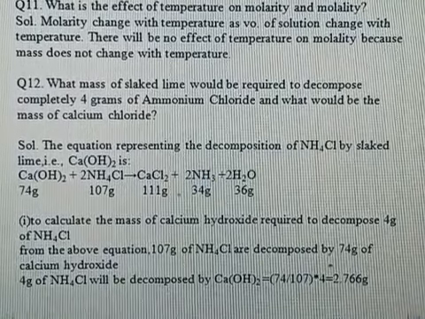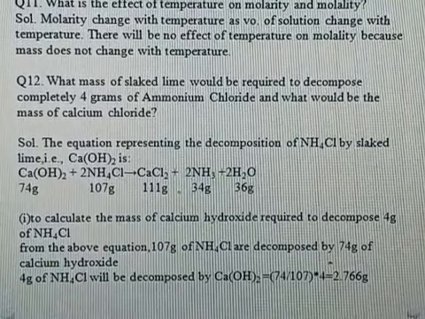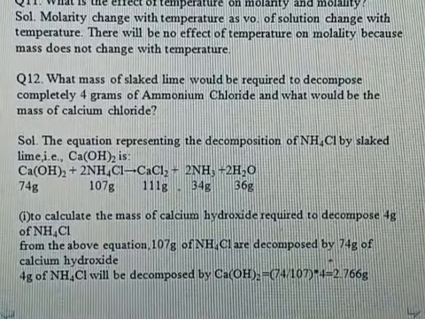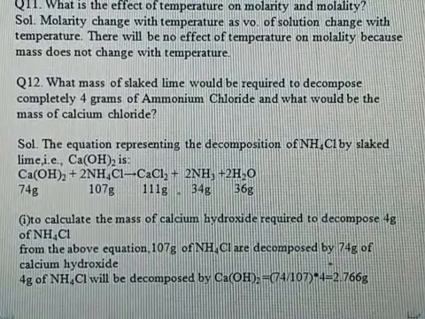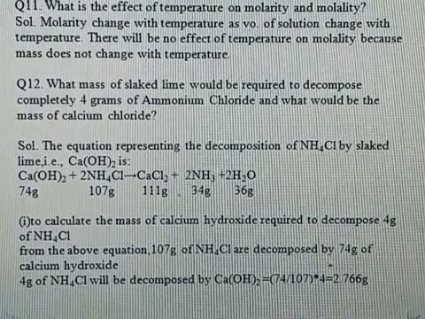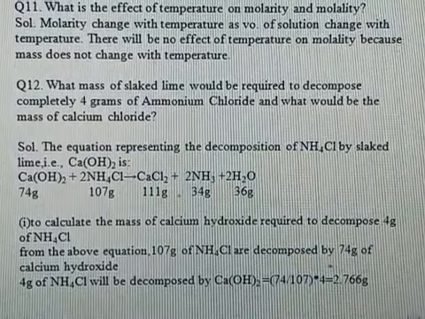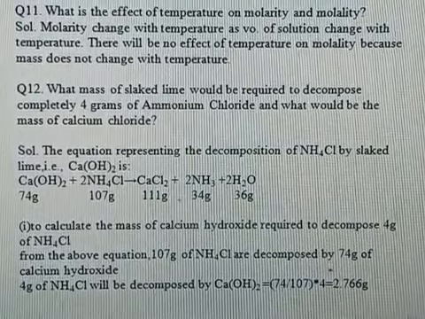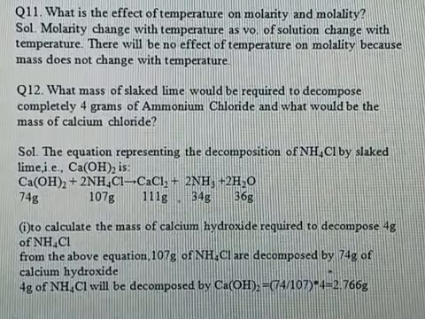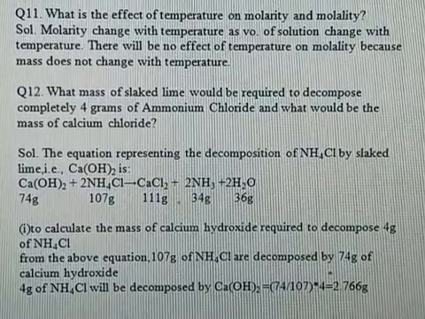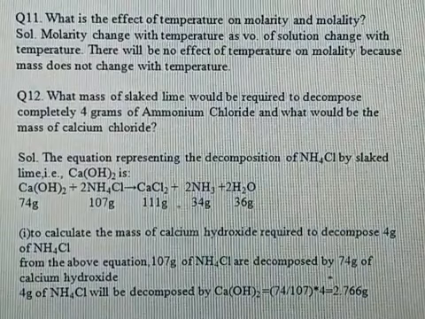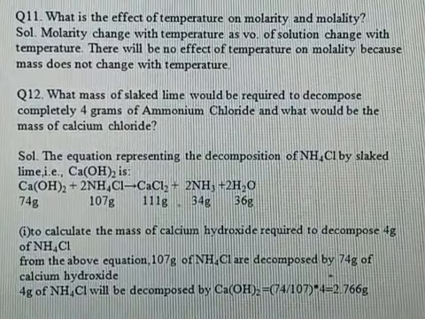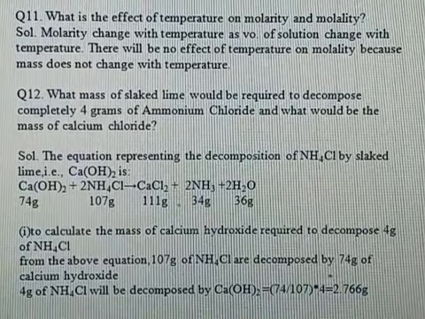Now 1 gram of ammonium chloride will decompose calcium hydroxide equal to 74 by 107. And in question 4 gram of ammonium chloride is given. So 4 gram of ammonium chloride will be decomposed by calcium hydroxide equal to 74 by 107 into 4. That is equal to 2.766 gram.